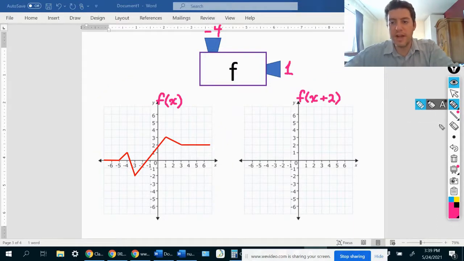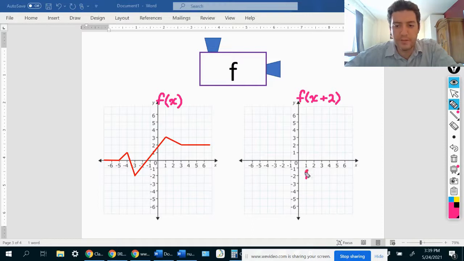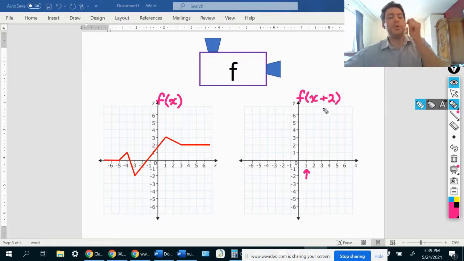So let's see what happens here. For example, what if I took the number 1? So what if x is 1? All right, I'm not going to take this 1 and plug it directly into the function machine. What I'm going to do is add 2 to x first, and then put that number into the function machine.